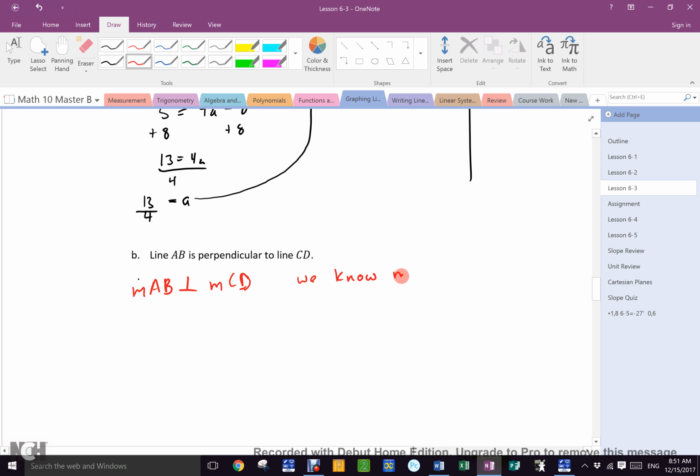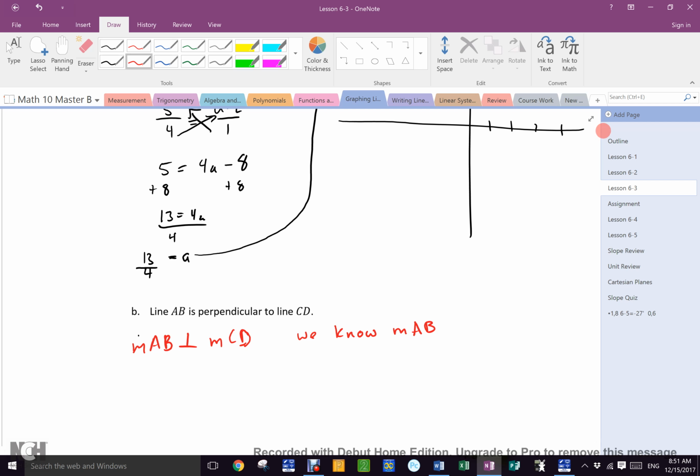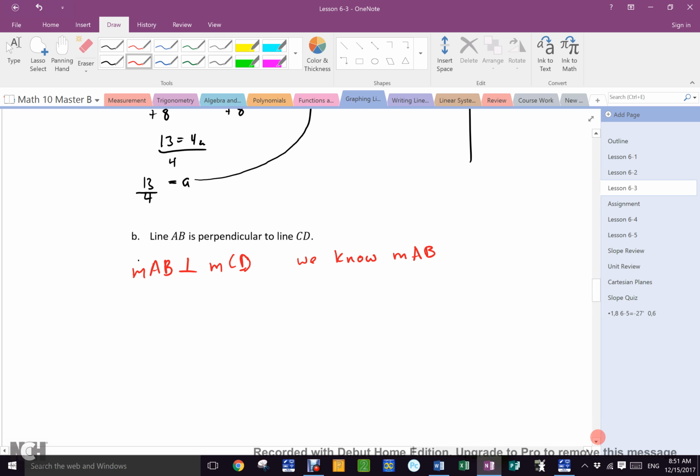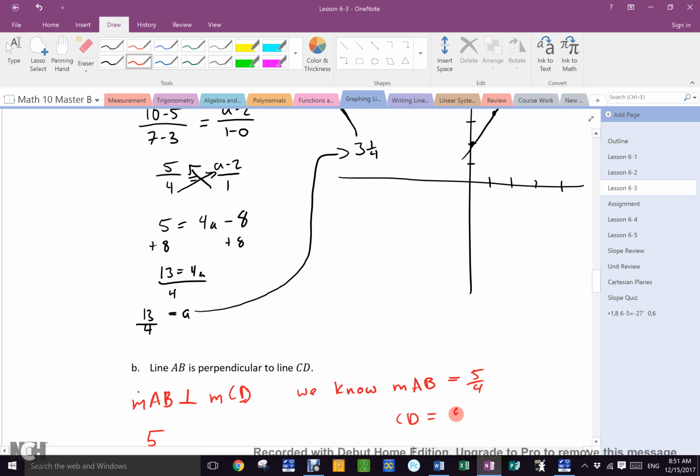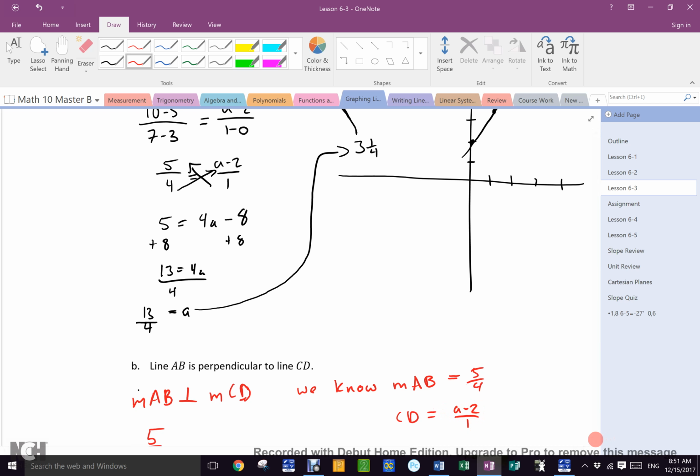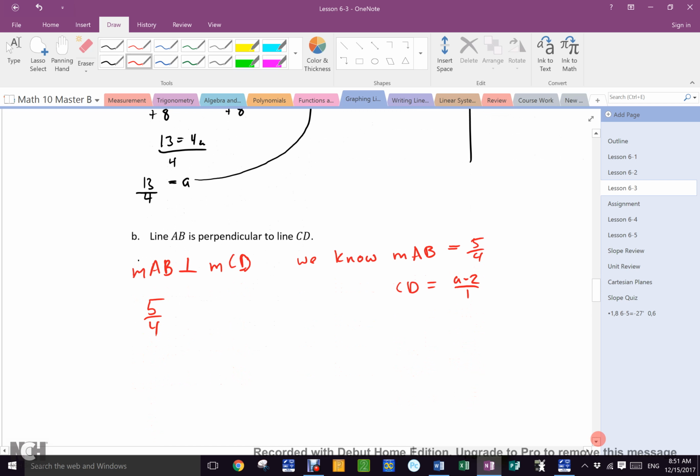Well, we already know, what do we already know here? We know the slope of AB, don't we? What is it? 5/4, correct? Is 5/4. And we know that CD right now is A minus 2 over 1, correct? We already know this, don't we?